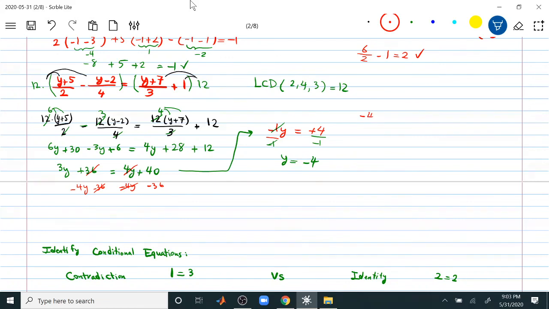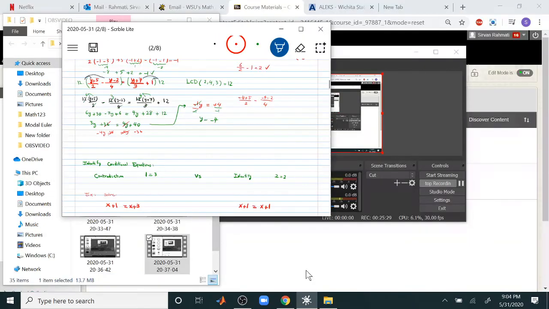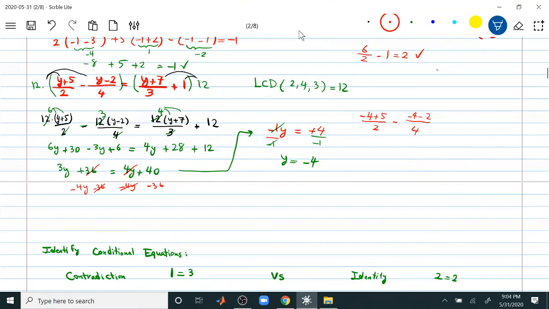We have (-4 plus 5) divided by 2 minus (-4 minus 2) divided by 4, equals (y plus 7) divided by 3 plus 1. There's no y left, y is -4, so (-4 plus 7) divided by 3 plus 1.